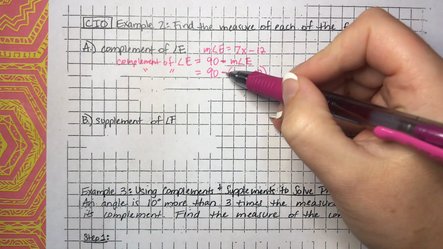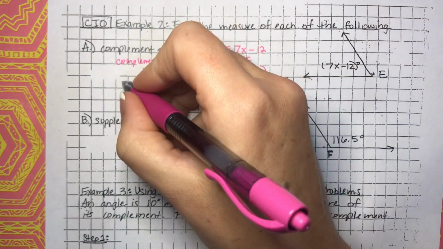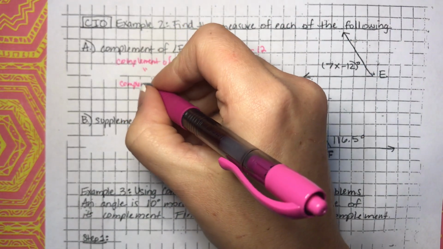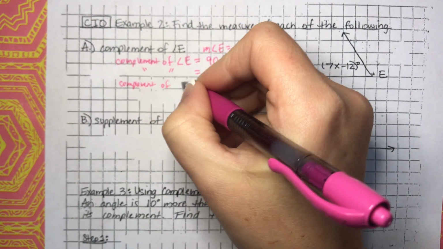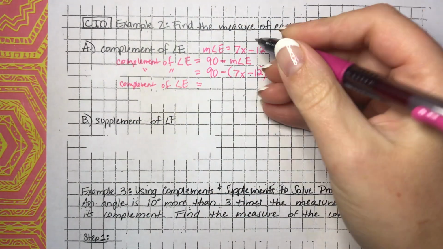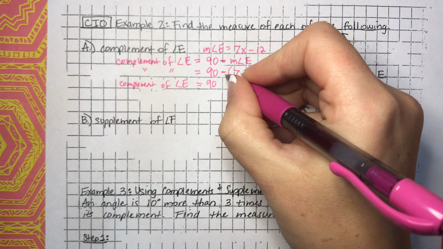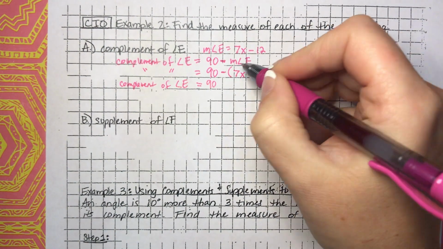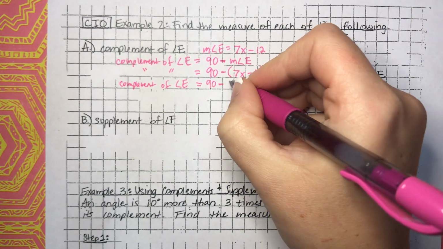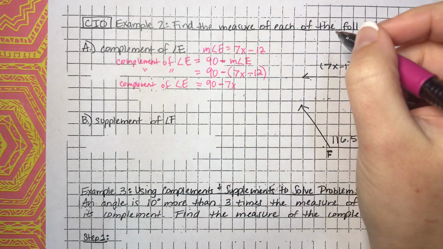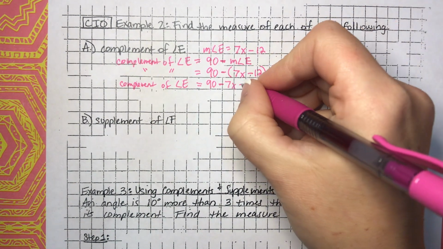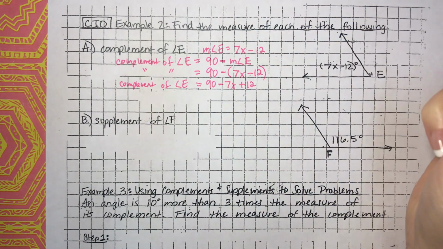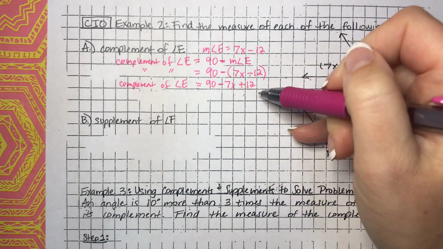Then from there, we are just going to simplify. We're trying to find the complement of angle E. Okay, so we have 90, we have this negative, we have to distribute it to both things. So negative times 7x is negative 7x, and negative times a negative 12 is going to be a positive 12. And then we just simplify.